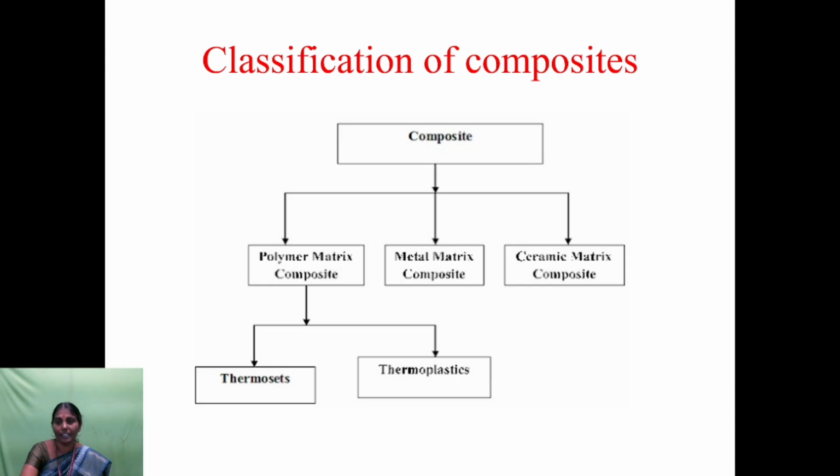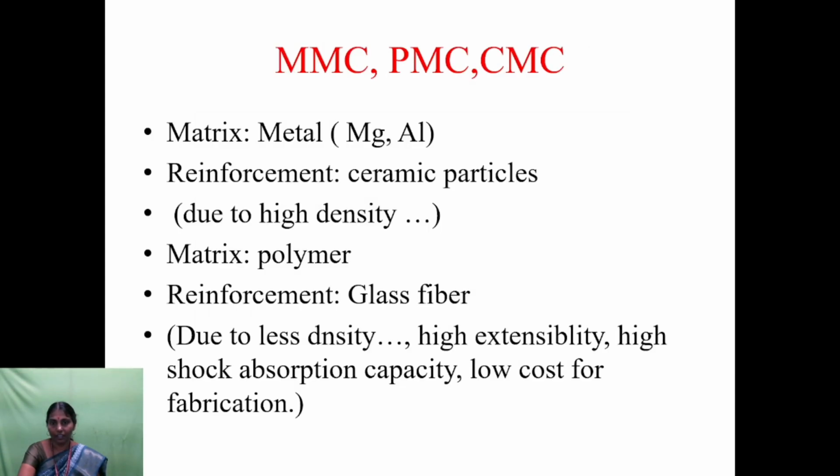The third one is the ceramic matrix composite. Ceramic matrix composites are also used in our technical world and in our daily life. Here the matrix material is ceramic and the reinforcement material is glass fiber.